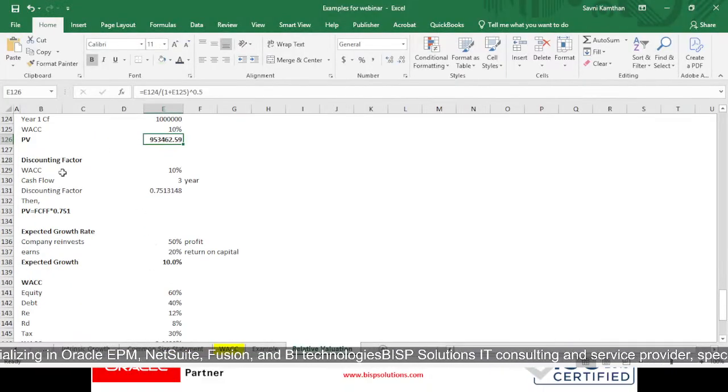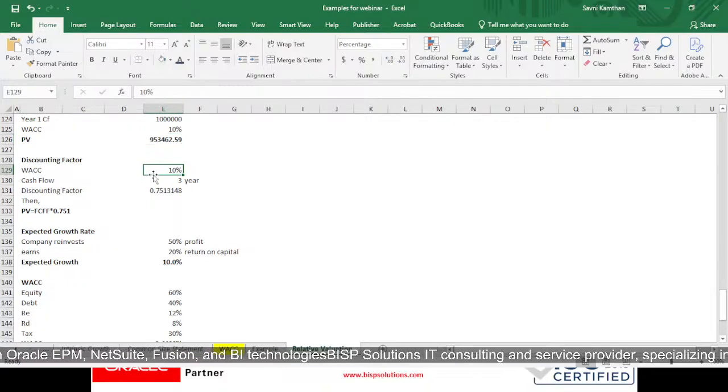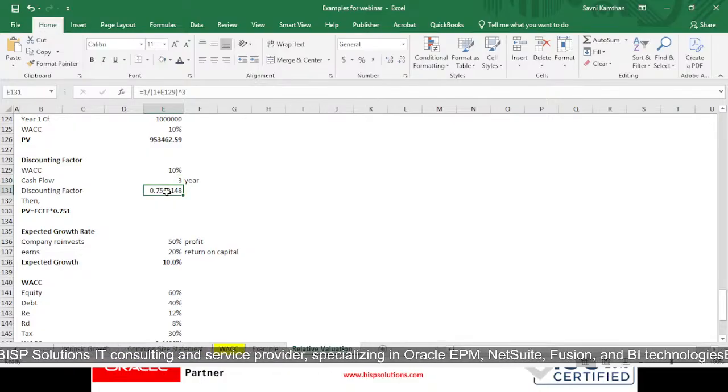Now for example, to calculate our discounting factor, WACC is 10%, cash flow is for year 3, and we will be calculating the discounting factor by 1 divided by 1 plus WACC to the power 3, right?